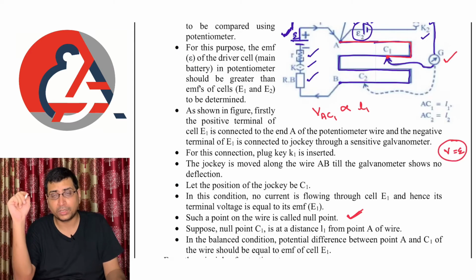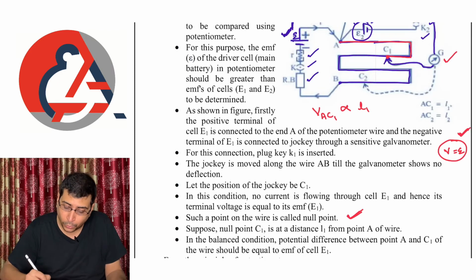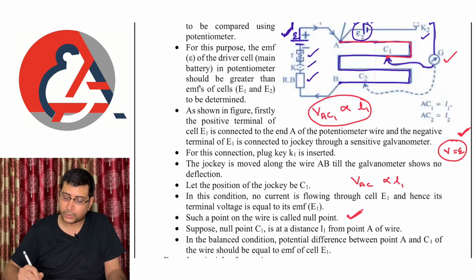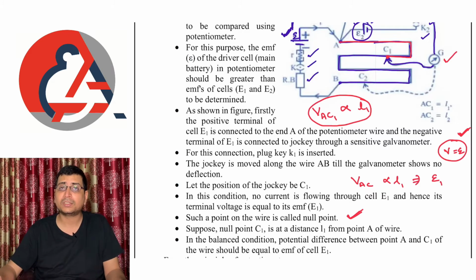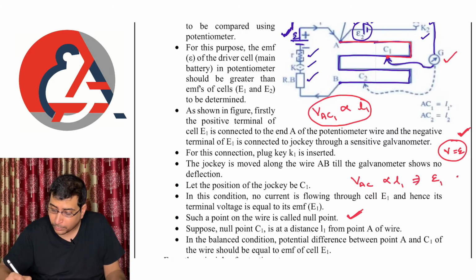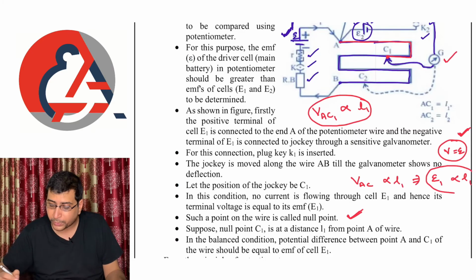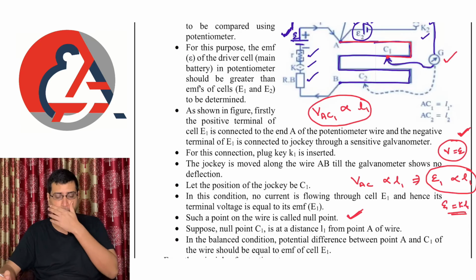That is what we saw in the first video, when we saw the necessity of a potentiometer, we discussed it, right? So from this point, can I conclude that when V_AC1 is directly proportional to L1, it also implies the EMF of the cell 1 is also directly proportional to L1. Right. So this is what we did with respect to cell 1. So let us have this information, or I can write it as E1 is equal to K times L1. Have this point in your mind.